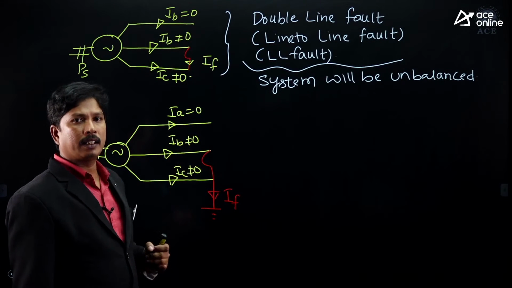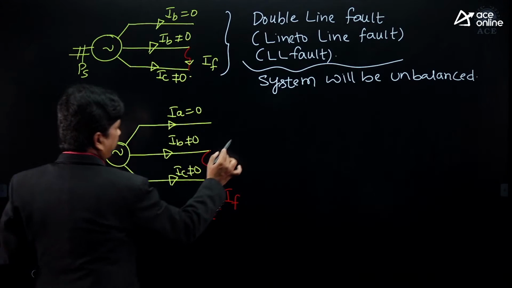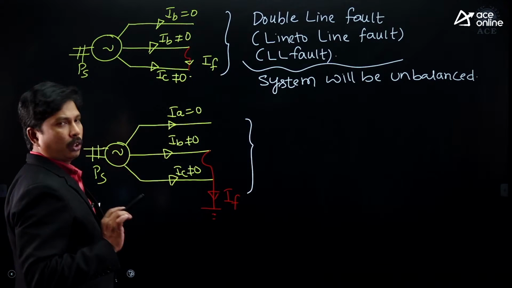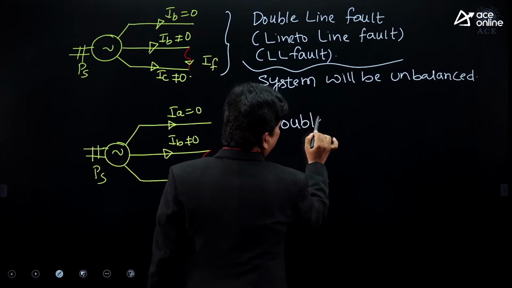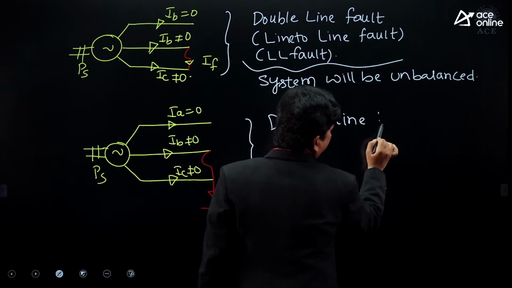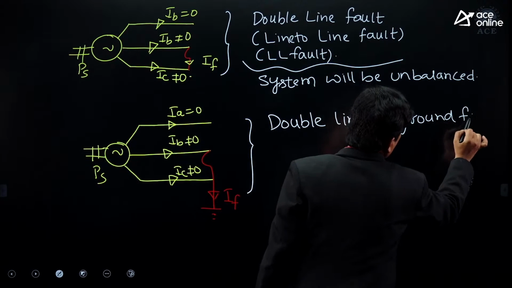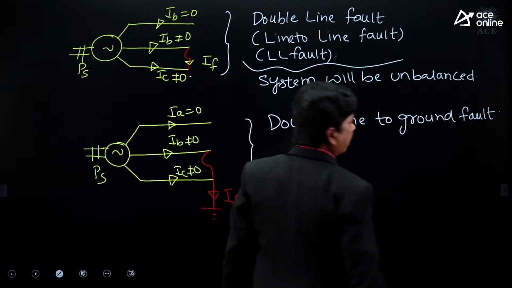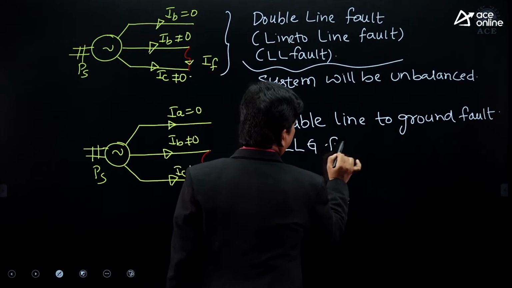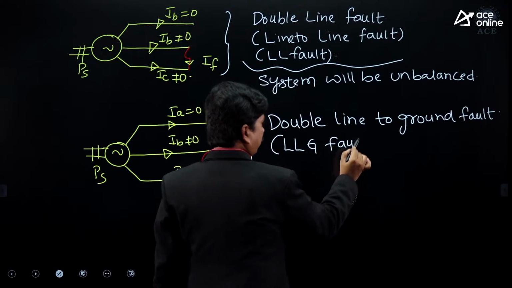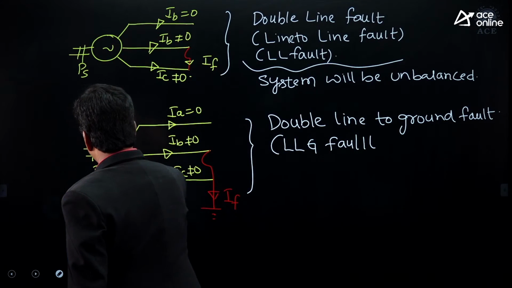We can say this type of fault is a double line to ground fault, or we can say an LLG fault.